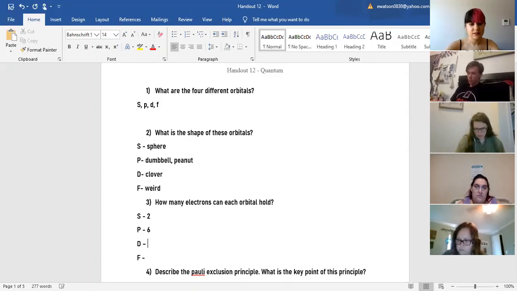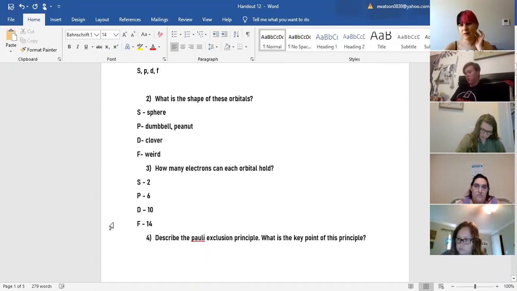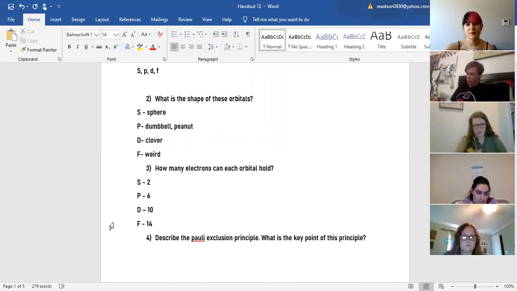D 10, and F 14. And if you ever forget that, go to that orbital block on the periodic table and count across, it's the exact same.